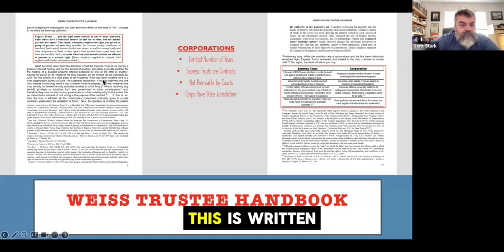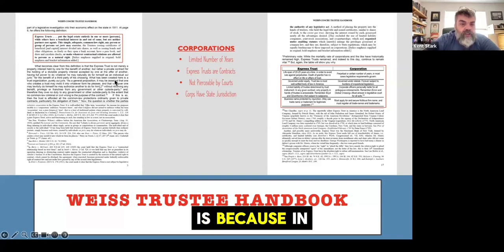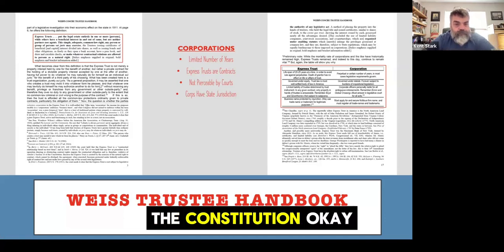This, by contrast, is written under the law of the Constitution, Article 1, Section 10, which is the common law right to contract. And that's why states can't pierce a common law trust: in order to do that, they would have to pierce Article 1, Section 10 of the Constitution.